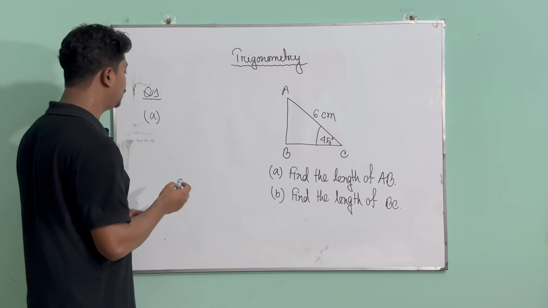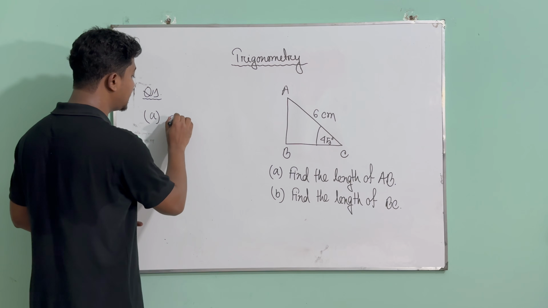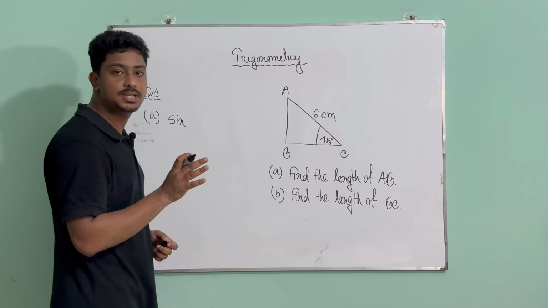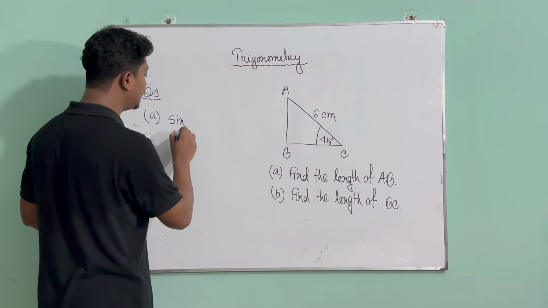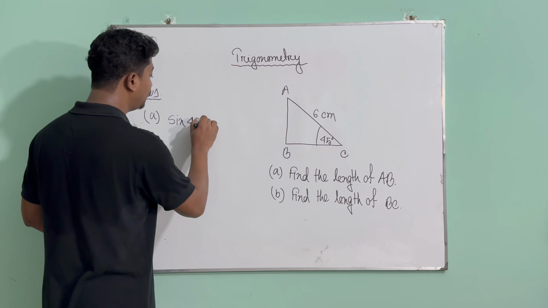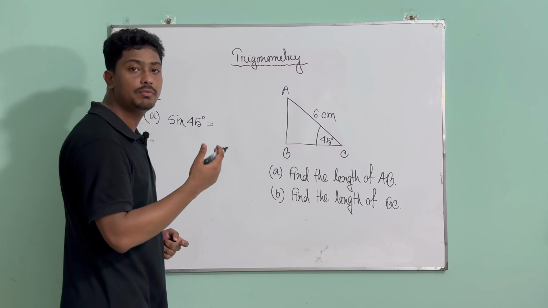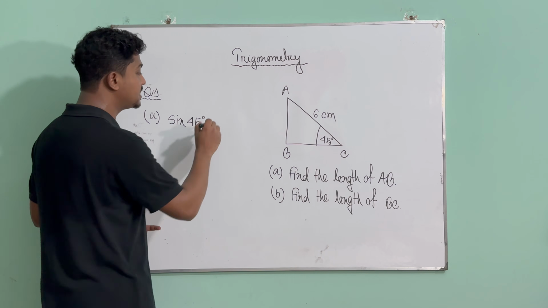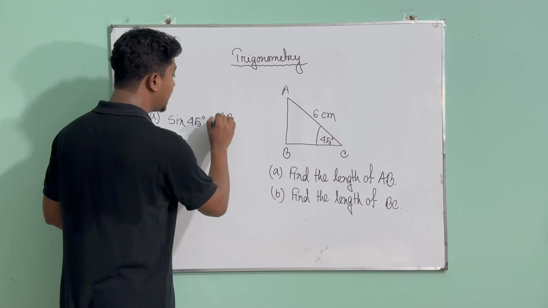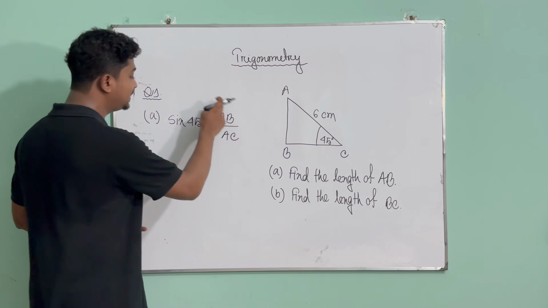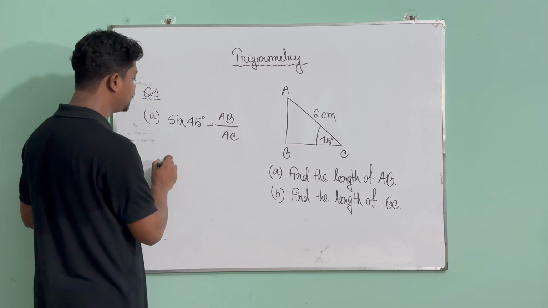We know that sine theta represents this thing. We are not going to write theta because theta was just a symbol representing our angle. We have been given the angle, which is 45 degrees. So sine 45 degrees equals, what ratio does sine represent? It represents the opposite divided by the hypotenuse, which is AC. So this is the thing we can write from the information given to us.